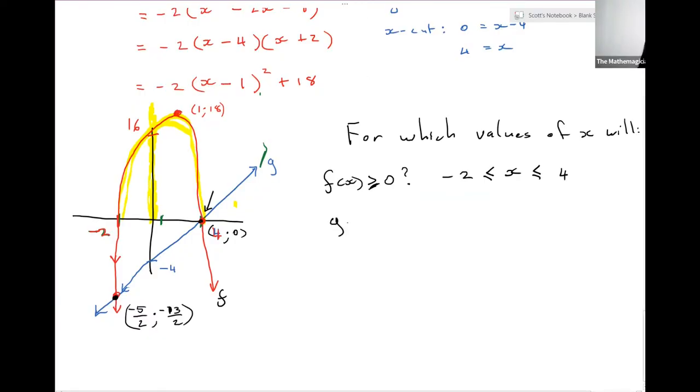So where then is g of x going to be less than 0, right? That just means negative. Where is g going to be negative? Where is the graph of g negative? Okay, that's one way of saying it.